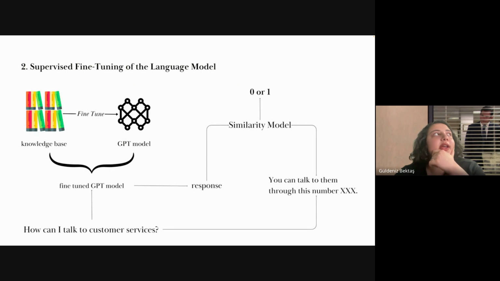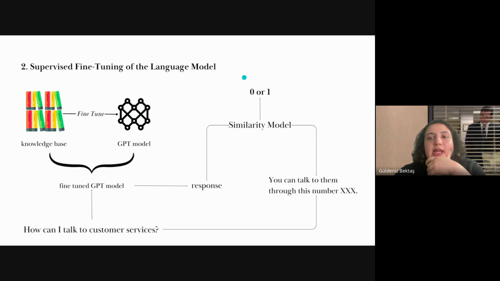The second part is the supervised fine-tuning of the language model. A commercial pre-trained model serves as the base for further refinement. This model can be any model. I use GPT again, but it might be any internal model in your company, or any internal model that you trained before, or it might be Llama, Mixtral AI, or Falcon, maybe.